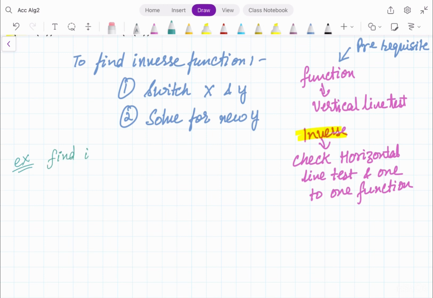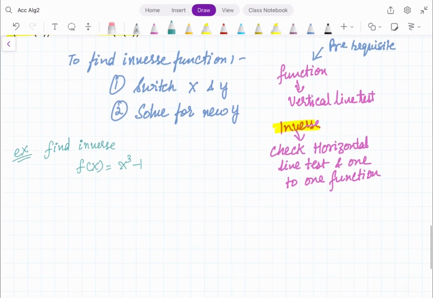So the example wants us to find the inverse, and the function is x cubed minus 1. Now let's analyze what is given to us. It is x cubed. It is cubed, right? So it is a cubic function. And a cubic function looks like an S shape, right? It has a transformation of minus 1. That means it is going down 1 unit.